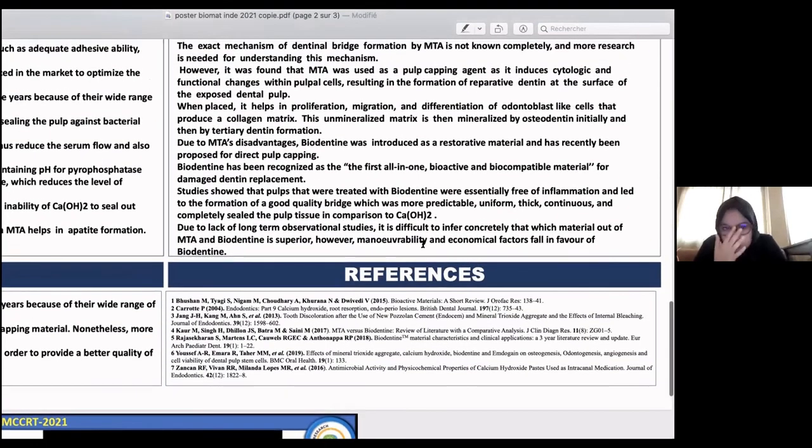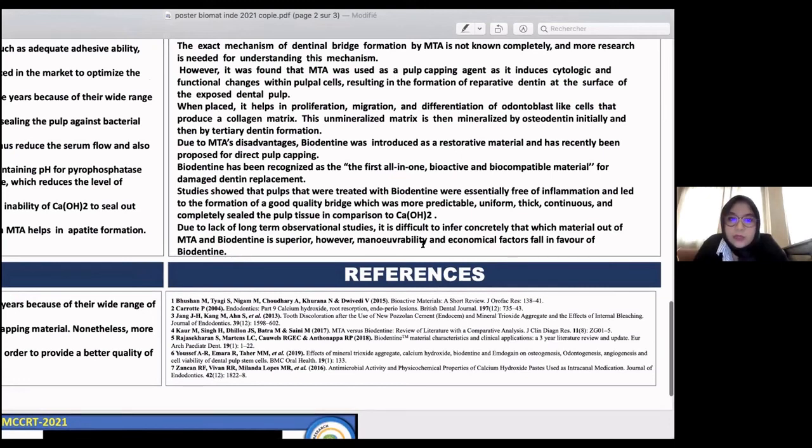Studies showed that pulps treated with biodentin were essentially free of inflammation and led to the formation of a good quality dentinal bridge, which was more predictable, uniform, thick, continuous, and completely sealed the pulp tissue in comparison to calcium hydroxide.